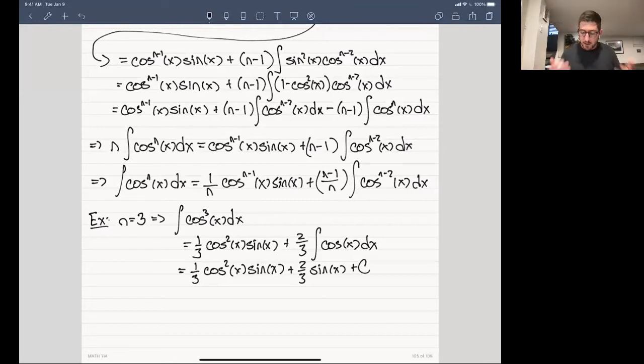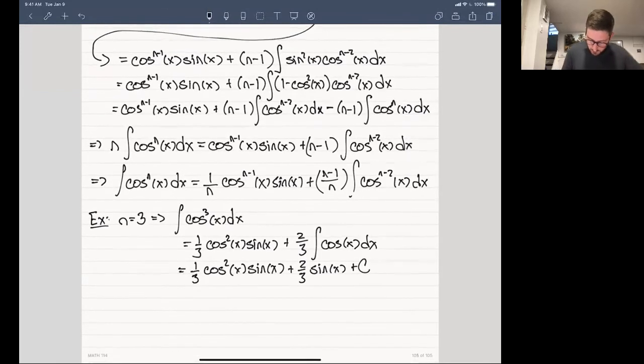That's it, right? And so now that I've got the integral of cos cubed, now I can find the integral of cos to the 5. Why? Because if I take n equal to 5 here on the left-hand side, from my reduction of order algorithm, it says that it's really just this thing right here. So let me just write it out. I'm not going to simplify it because it's going to be ugly.